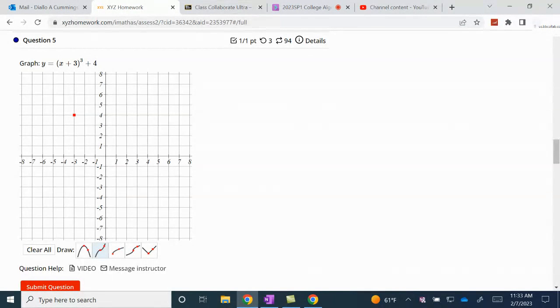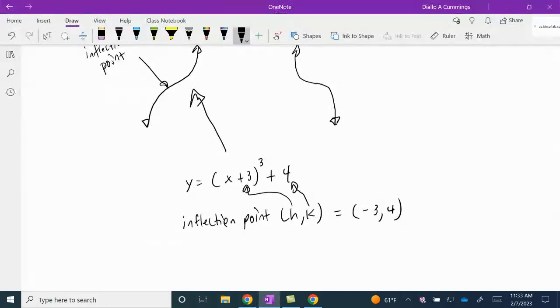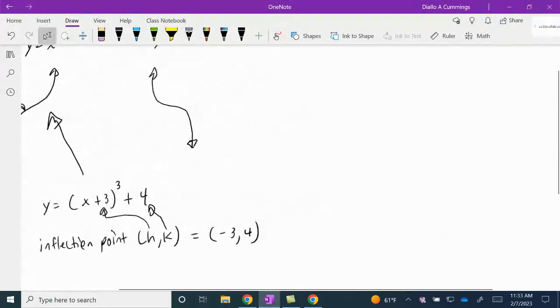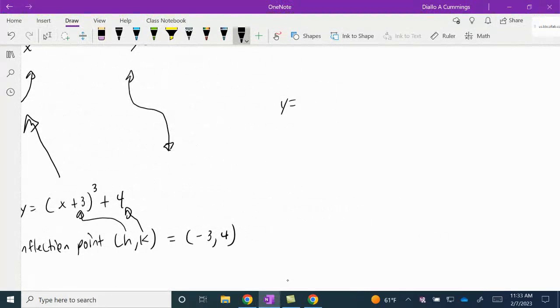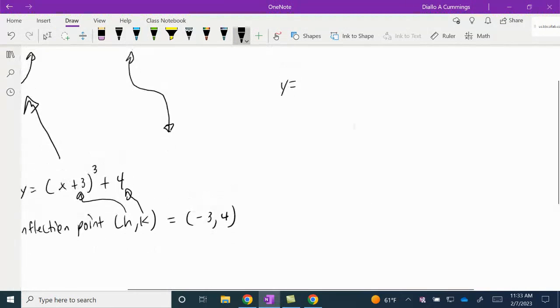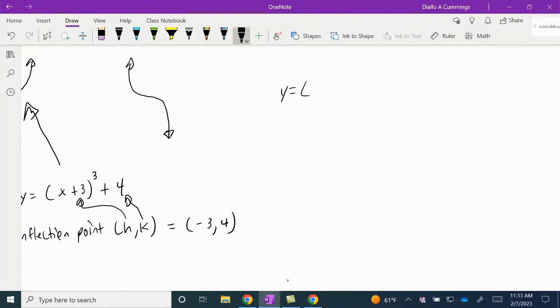To choose the other point in our graph, notice that our graph is going to be an S-shaped graph. I want to choose a point above or greater than negative 3. So for our example, I'm simply going to choose negative 2. Just to show how this works, we have the function y is equal to x plus 3 quantity cubed plus 4.